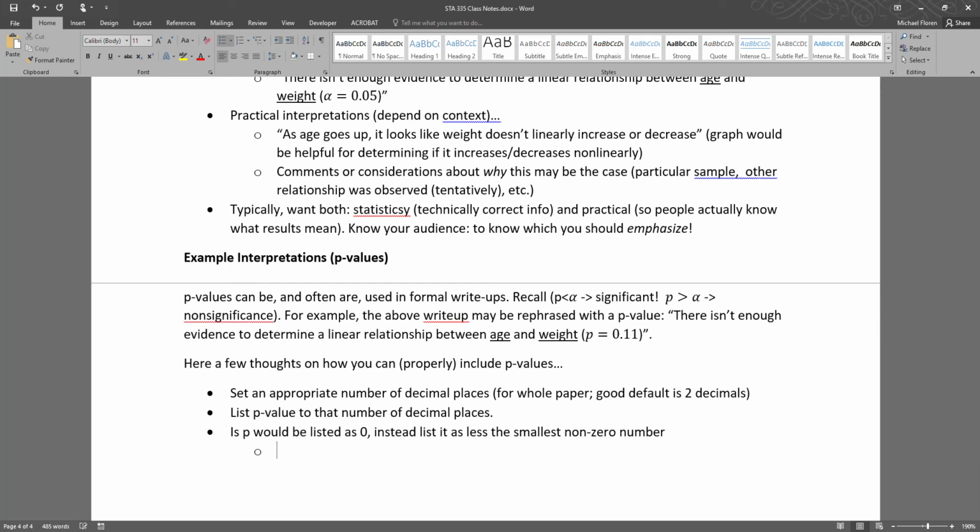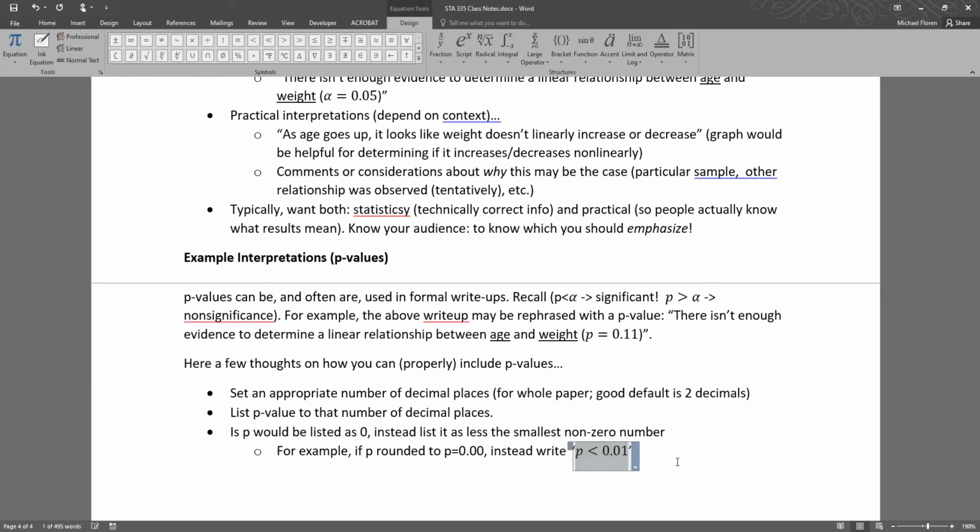I don't mean it to be complicated. It's actually much easier in practice. For example, if p rounded to p equals 0.00, instead write p less than the smallest number at 2 decimal places. So the smallest number we can write at 2 decimal places is 0.01.